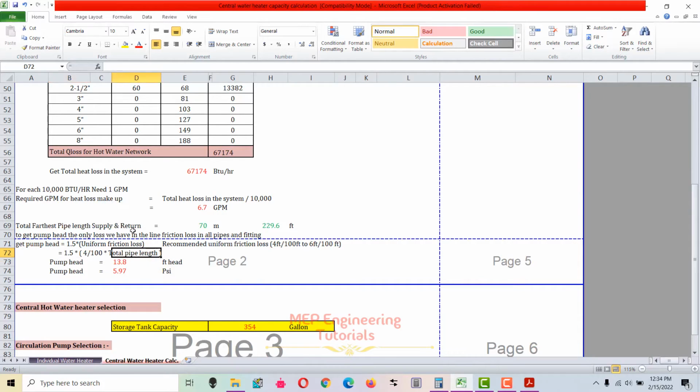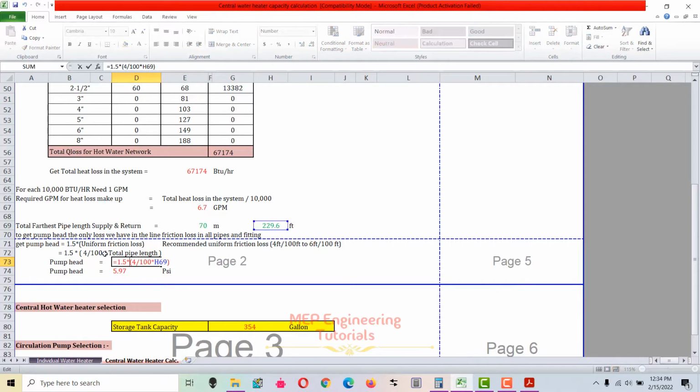The total pipe length, as I told you, is the furthest pipe length, supply and return, from the source of supply to the furthest outlet. So from the drawing you have to check the furthest pipe length, and you have to write it in here. I have written 70 and converted this into feet here as well. So the pump head is calculated by putting all the values in here: 1.5 into 4 divided by 100 into pipe length of 229.61.